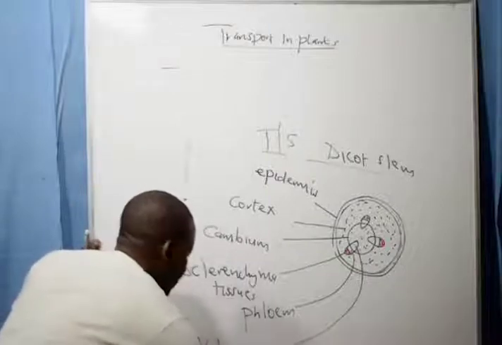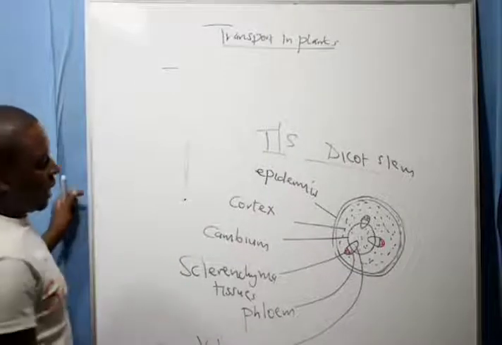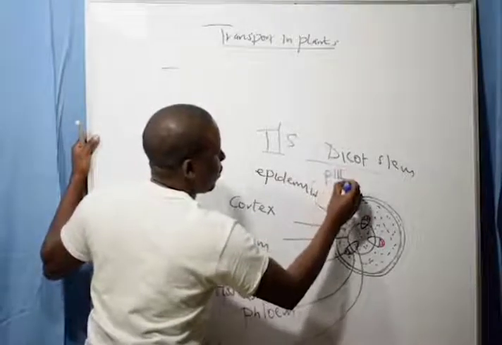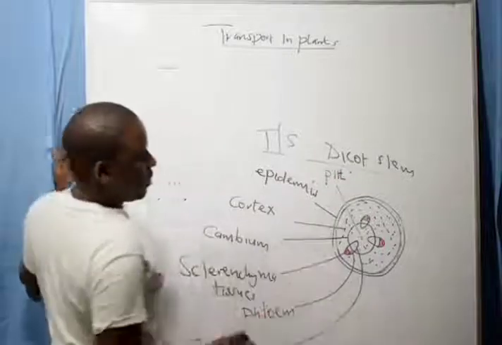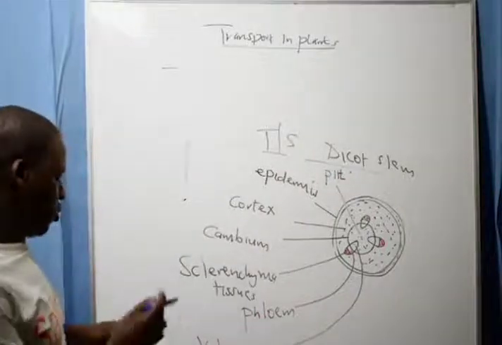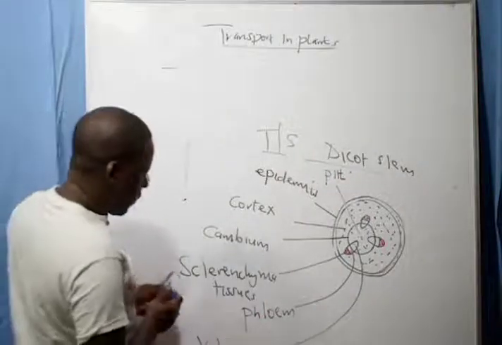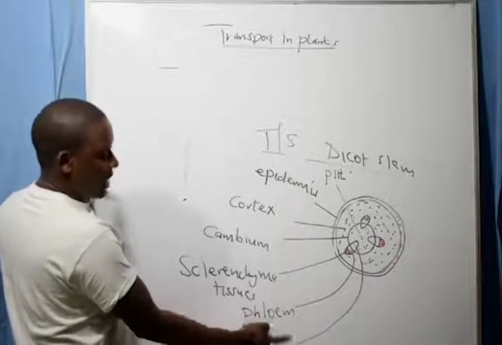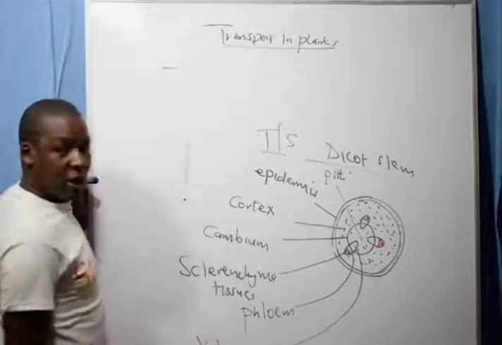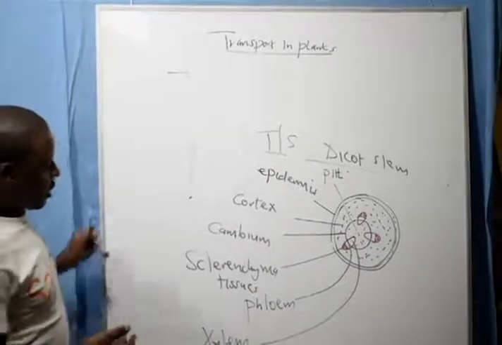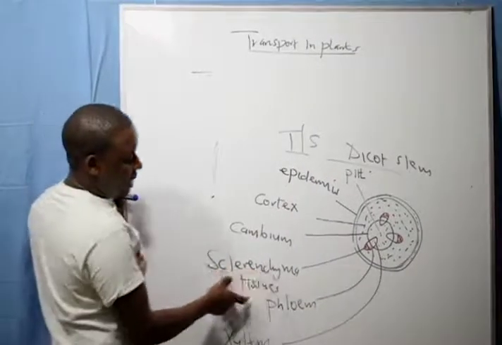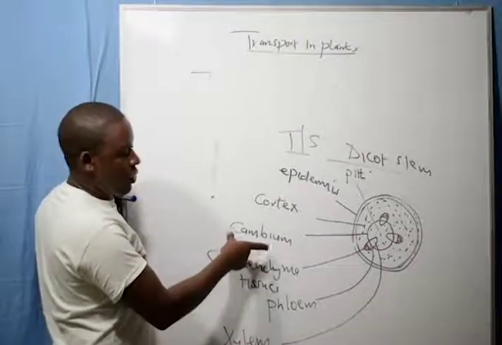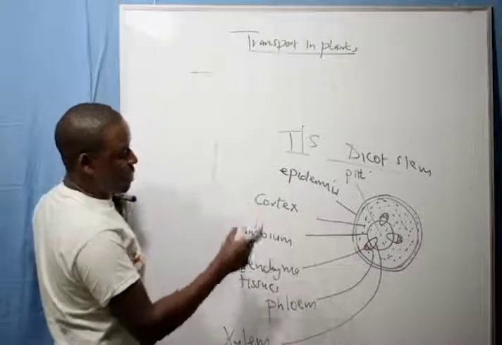Then here we have the pith. The pith is a storage tissue. So we had said the phloem function is to transport manufactured food or translocation. Xylem transports water and mineral salts. Sclerenchyma is a tissue for support. Cambium is a tissue that is involved in secondary growth.